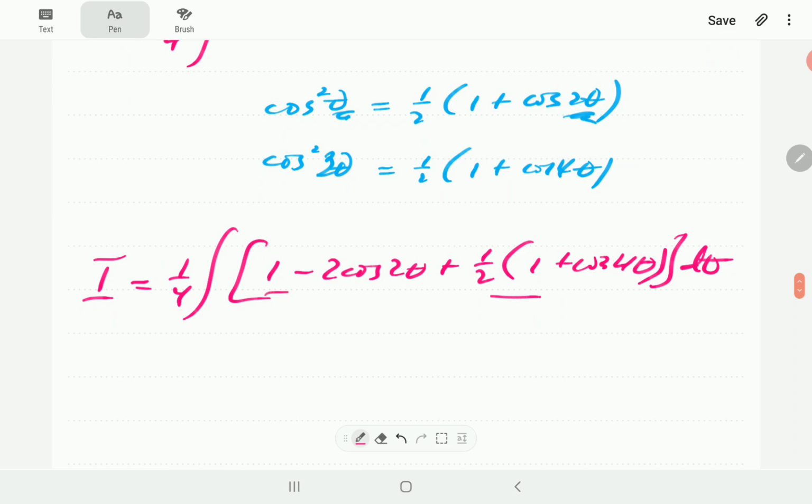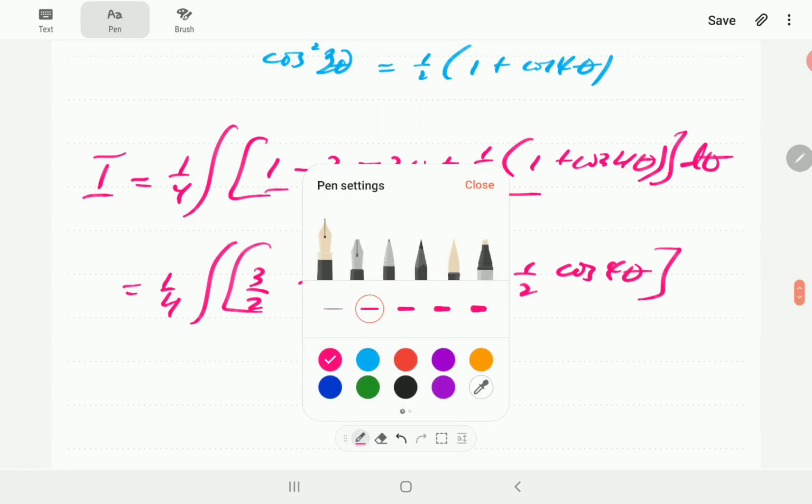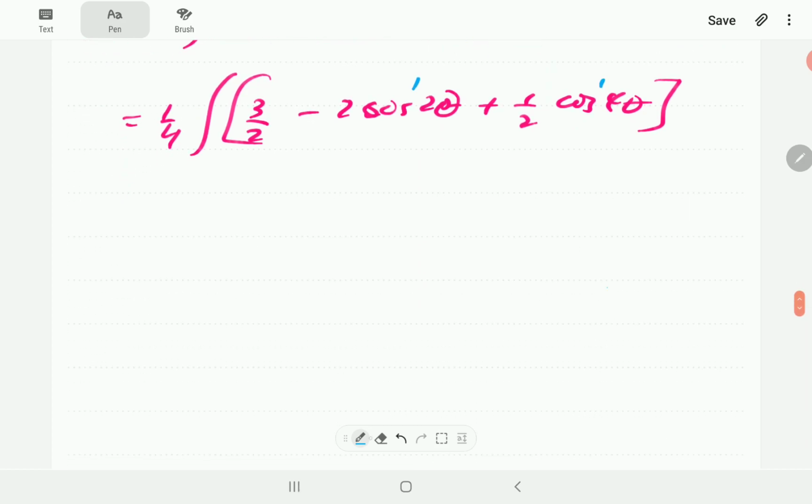If we collect terms here, then that's just going to be 3/2 minus 2 cosine 2 theta plus 1/2 cosine 4 theta. Now both of these are now power 1 here, power 1 there, so we can integrate straight away.